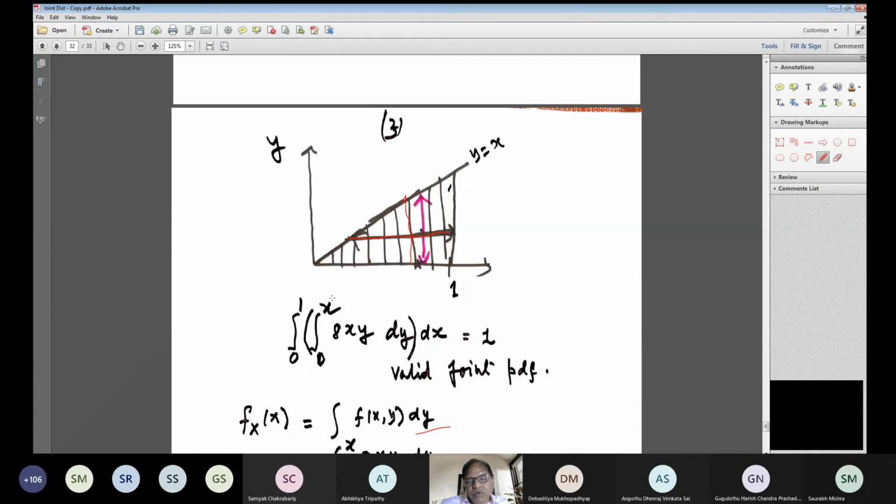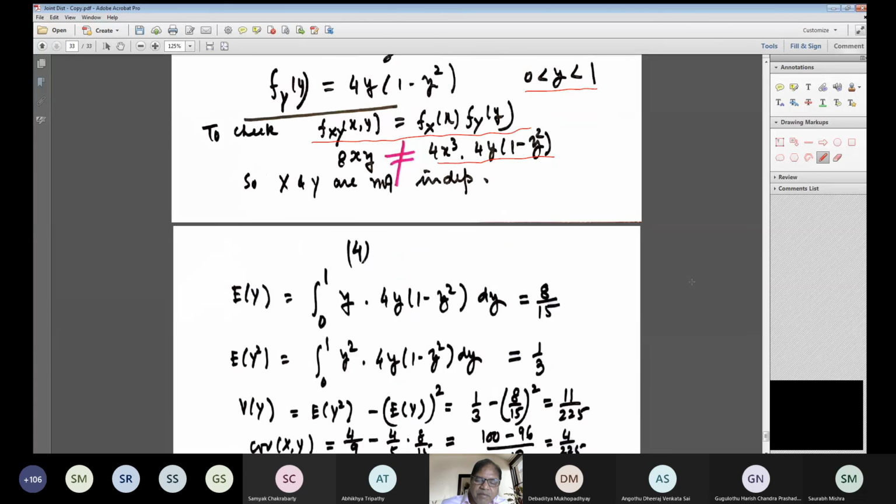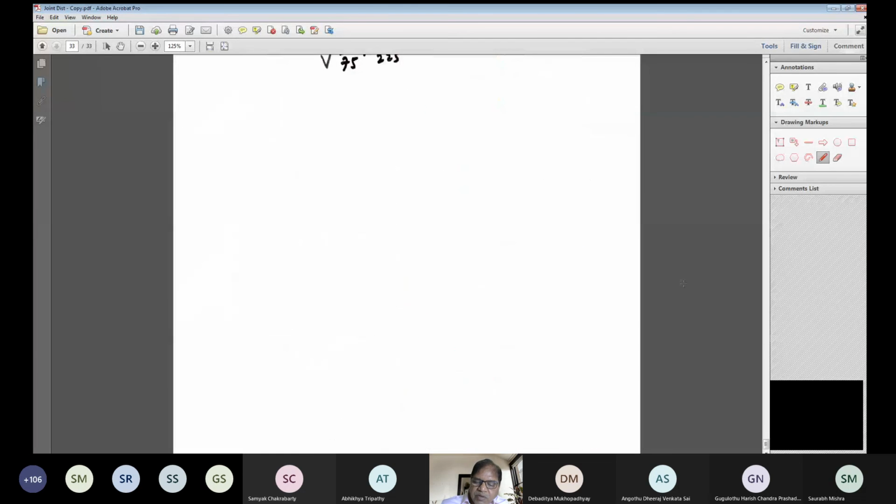Once you have identified the domain, you know how to solve the double integral, because it is part of your Maths 2 course. The rest of the calculations become standard. So this covers the concept of the joint density function.